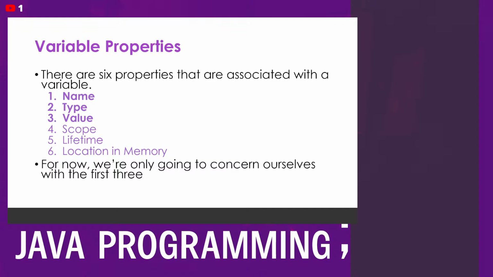And this value could be numeric, it could be alphanumeric, it could be an equation, right? The value can be a whole lot of stuff, right? And that's just whatever data can be in this variable.